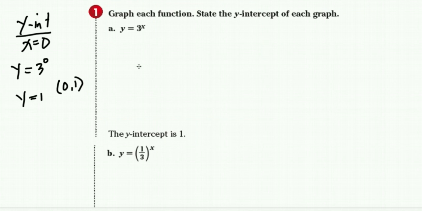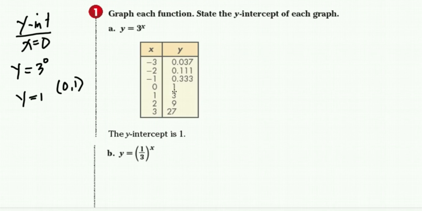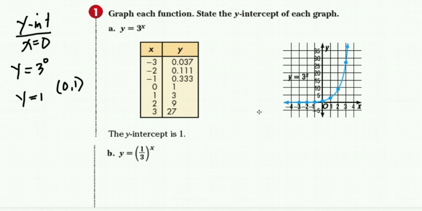And let's take a look at our table of values, and here you will see that this is our y-intercept. And these are all random values for x, and these are the values for y given the values for x. Okay, and if you graph this, this is how it's going to look like. y equals 3 to the x power, and the y-intercept is 1.